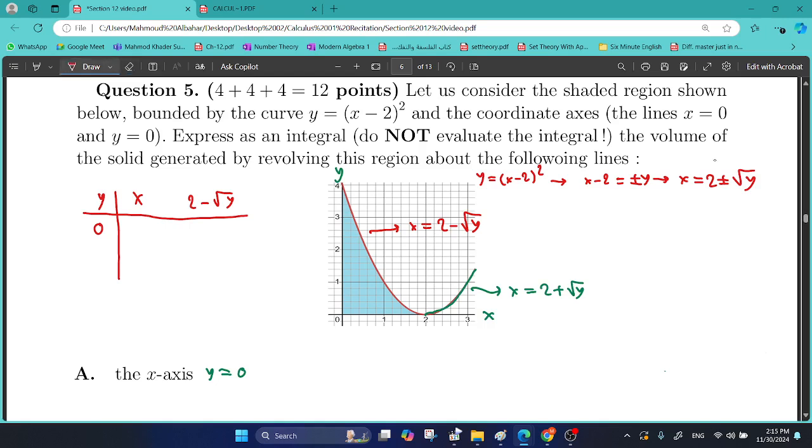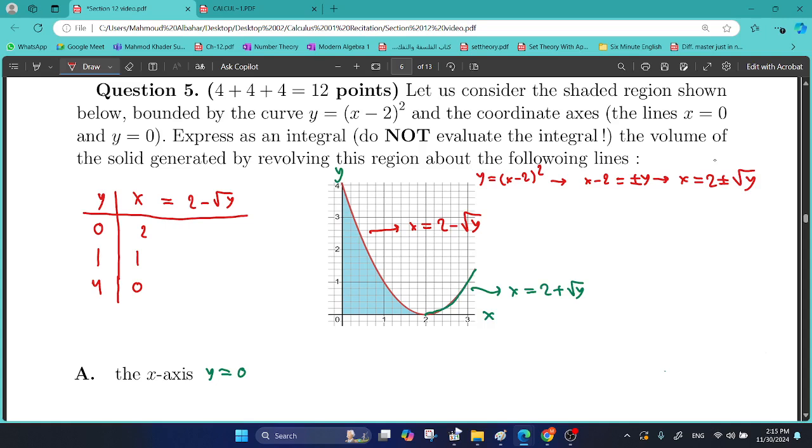Here x equals 2 minus square root of y, okay? So substitute y equals 0, you get 2. Substitute y equals 1, you get 1. Substitute y equals 4, it's not included here, so just solve until y equals 1. If we substitute y equals 4, we get 0, okay? Because 2 minus square root of 4 is 0.